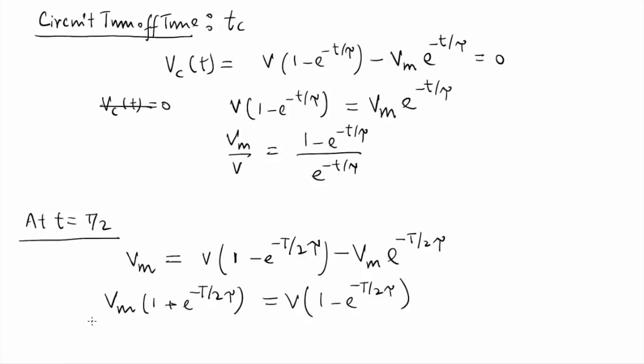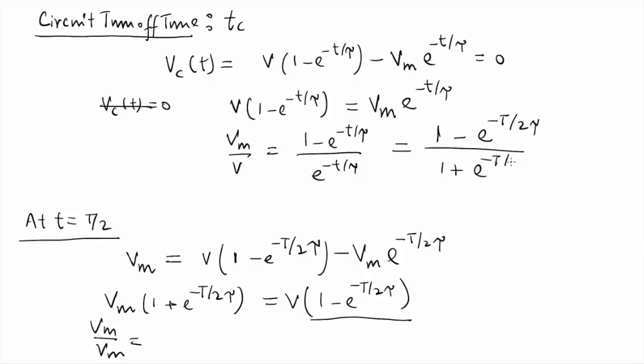So Vm upon V is equal to 1 minus e to the power minus T by 2 tau upon 1 plus e to the power minus T by 2 tau. I can replace V by Vm in terms of the time period and time constant.